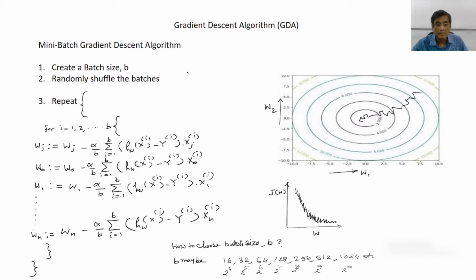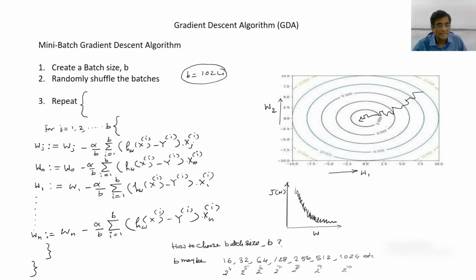Say B is equal to some 1024, and you have millions of samples. Every 1000 samples will be considered as one batch, and treated as one sample, as otherwise in the stochastic gradient descent algorithm. So this batch is taken together, treated just as if it is one sample, and then you run the algorithm like this.